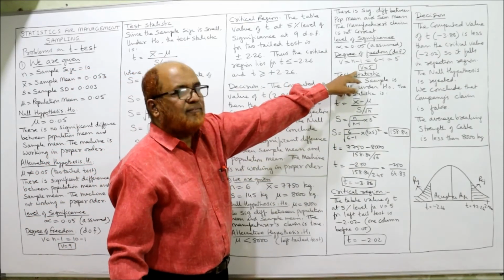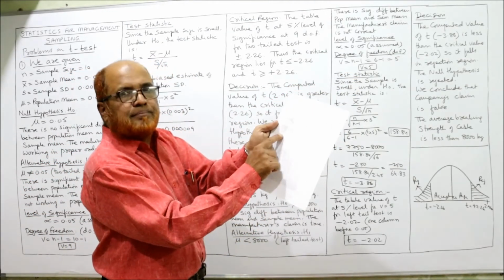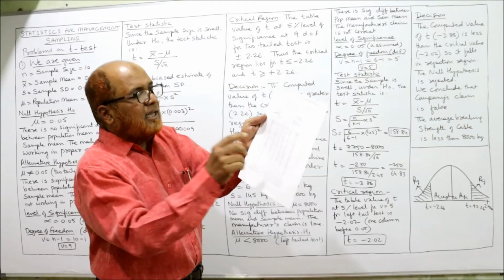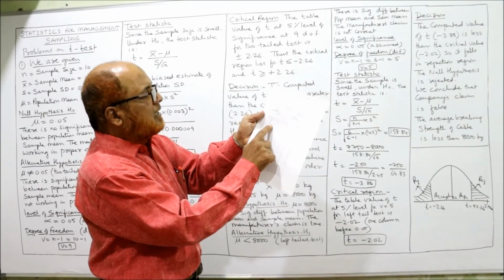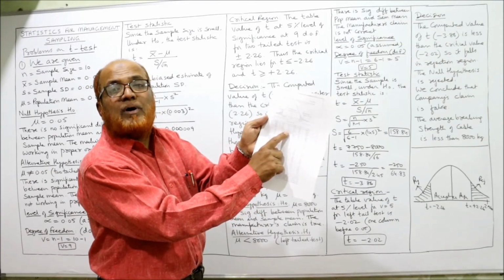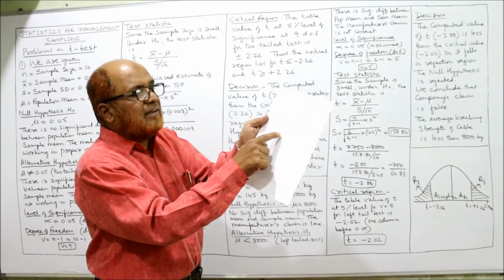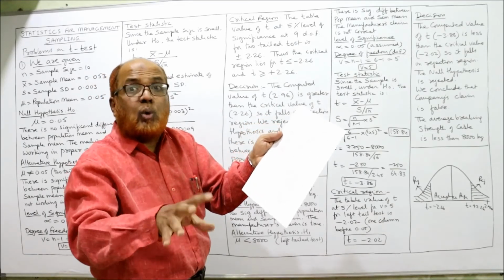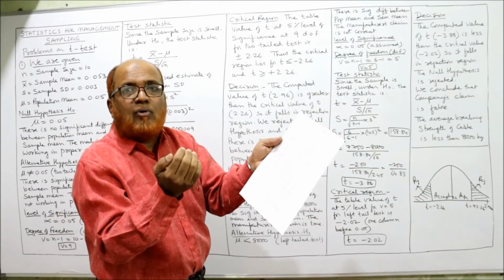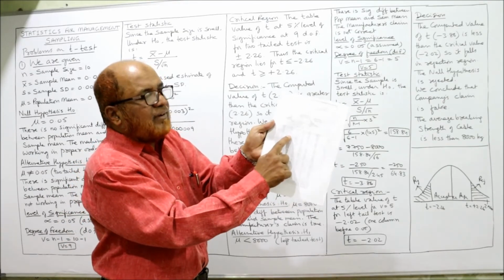Degree of freedom is 5. In row 5, column 5%, we get 2.57. But don't take 2.57; we take it only for a two-tail test. Here it is a one-tail test, so one column before, you find 2.02.